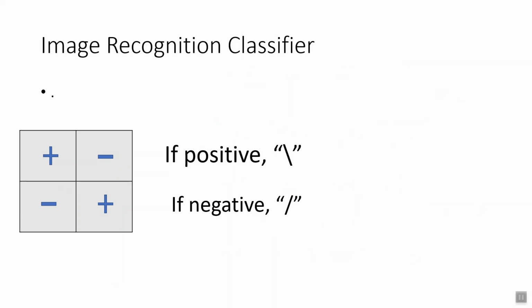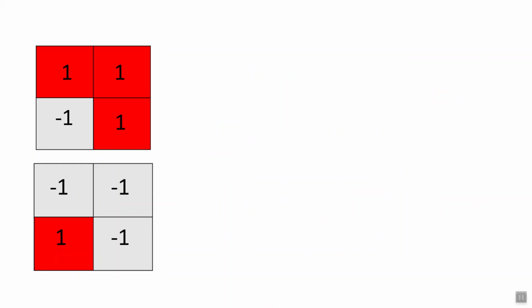So let us look at what these images look like using this classifier. The top image looks like a poorly drawn backward slash, because it looks like a drawing of a backward slash that has spilled over a little bit, and the bottom one looks like a forward slash.